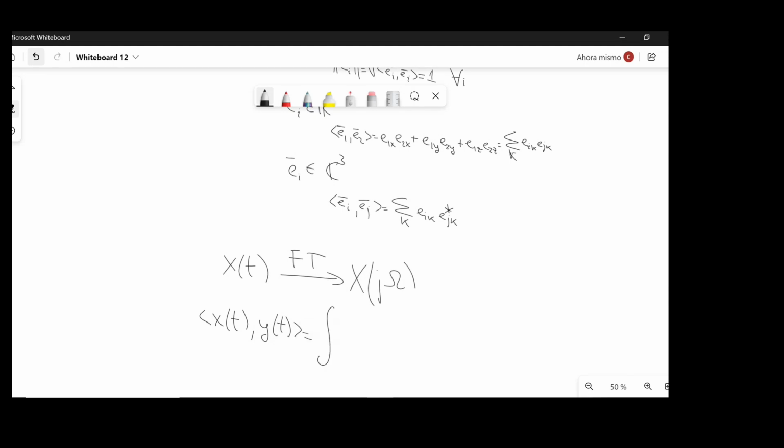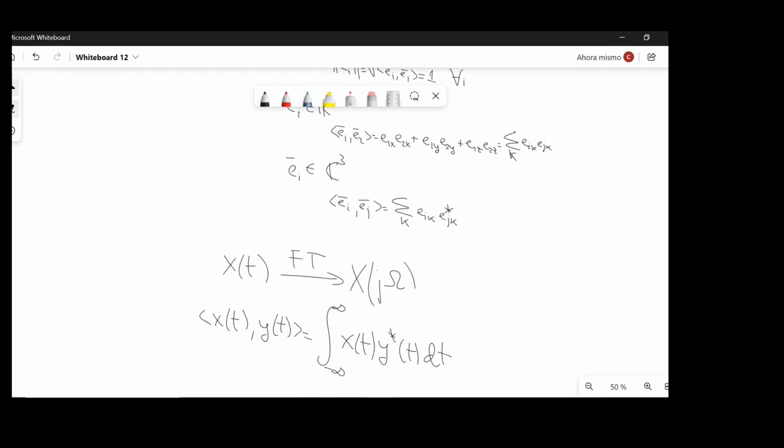It has a lot of varieties, but for non-periodic signals, I can define this as the integral of x times y conjugate, and it has the same structure as this one. So summing and integrating is the same.